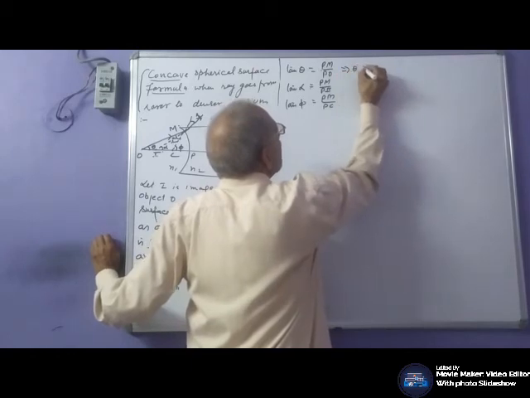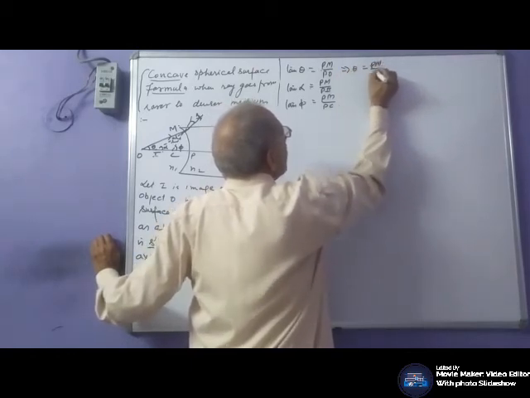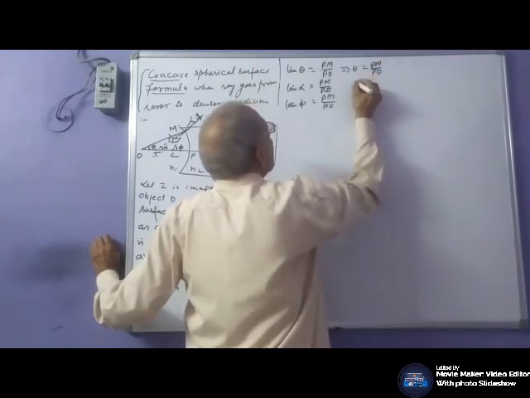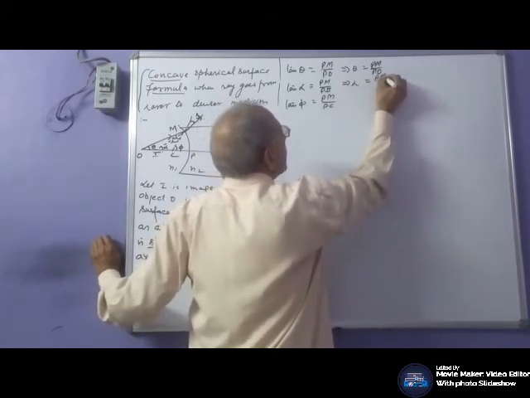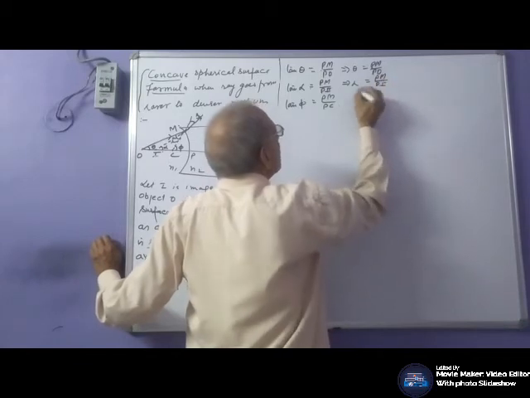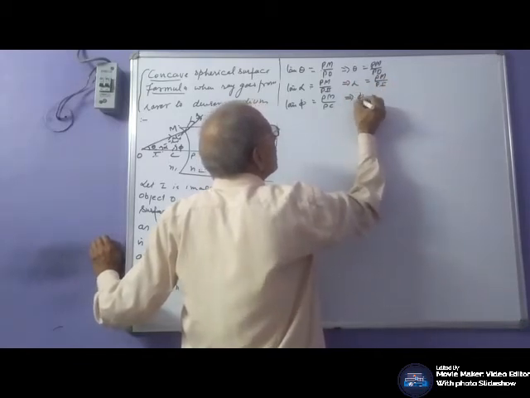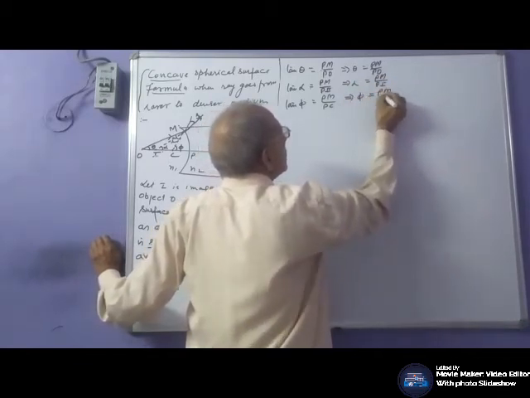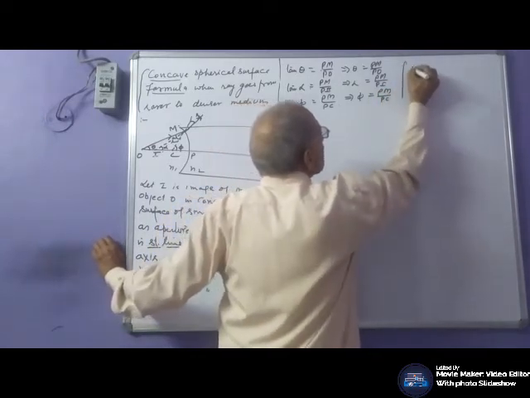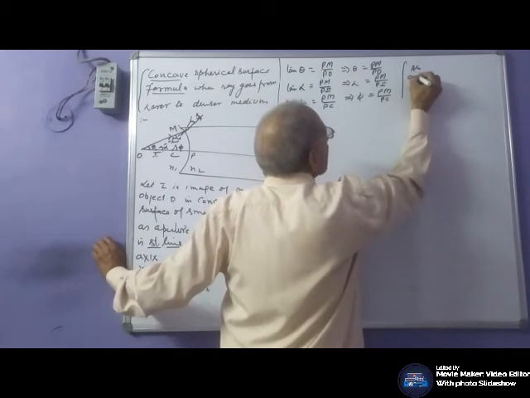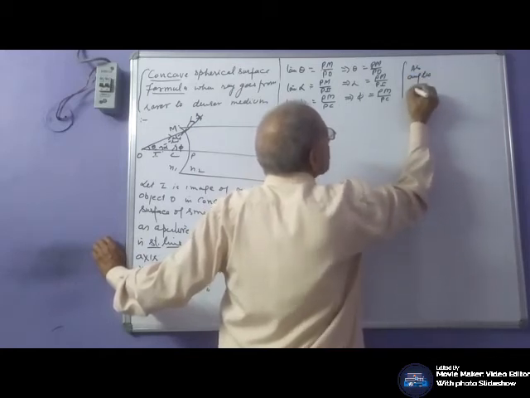Theta, PM by PO. Alpha, PM by PI. Phi, PM by PC, as angles small.